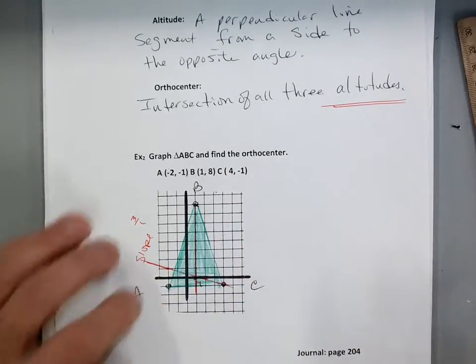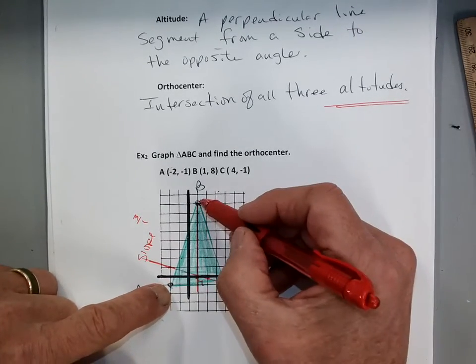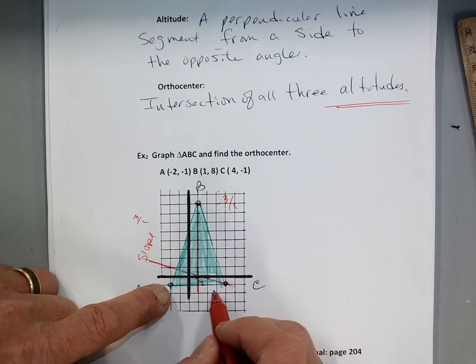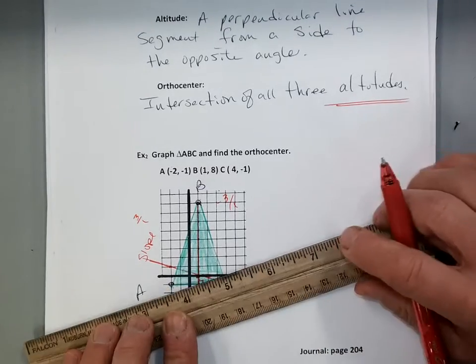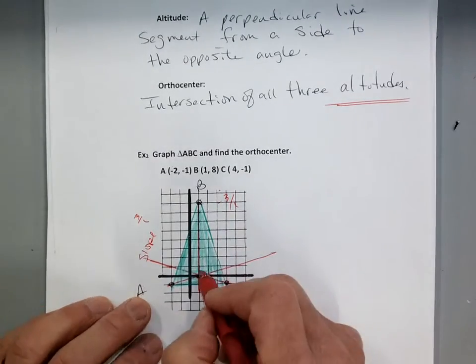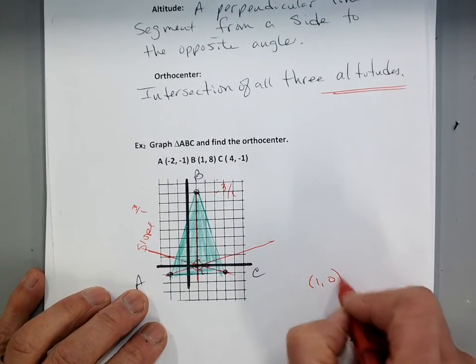Same thing here. I'm going to go from A to this side. It's going to be perpendicular. Let's see what the slope of this one is. This one's down 3 over 1. Opposite slope. Up 1 over 3. And I found my Orthocenter at the point 1, 0.